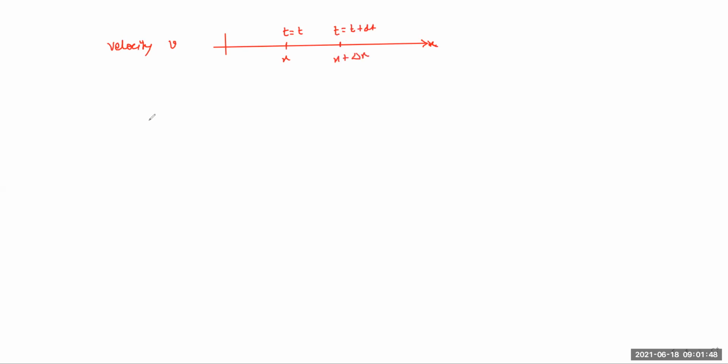So how can we define the average velocity? Velocity is defined as the rate of change of displacement. That is what you have learned in class 9. So the average velocity is delta x by delta t, the displacement over the time. We can write it as v average equals delta x by delta t.